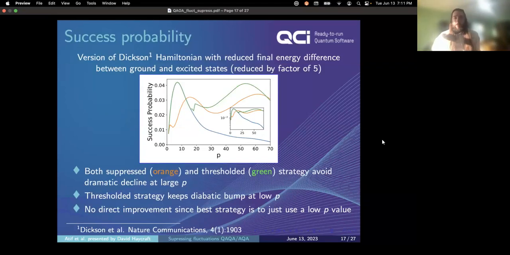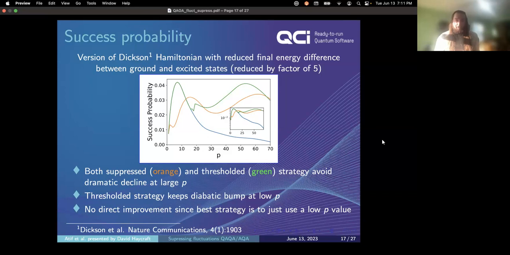For the Dixon Hamiltonian, we can see the results for the success probability in this graph. The suppressed strategy is in orange, the threshold strategy is green, and the blue is the unmodified version of the algorithm.